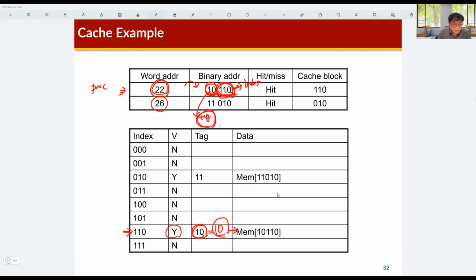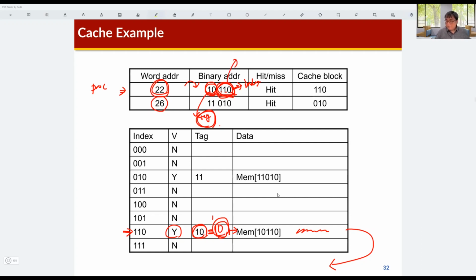Because the tag of the requested address and the stored tag are identical, we know that this cache has the requested data. The data is stored here, and this data is provided to the processor.